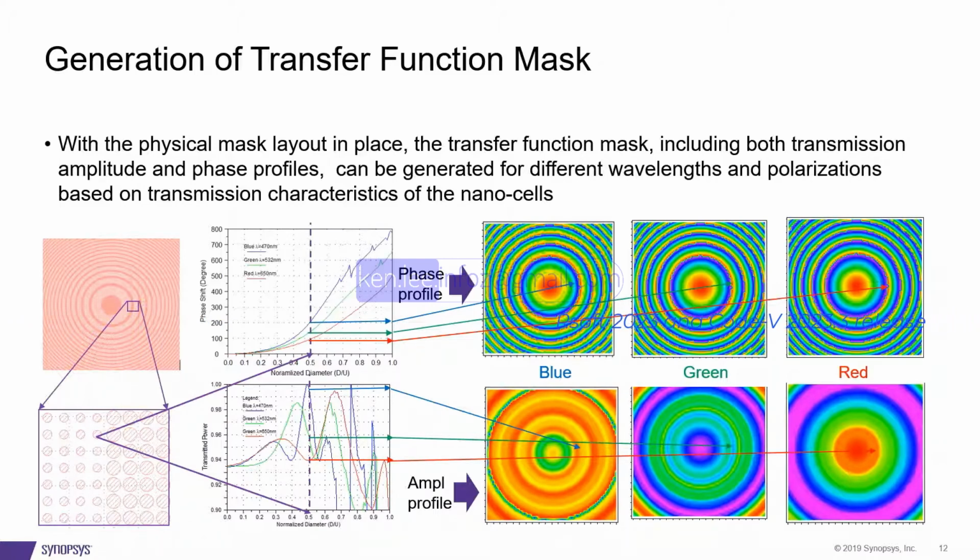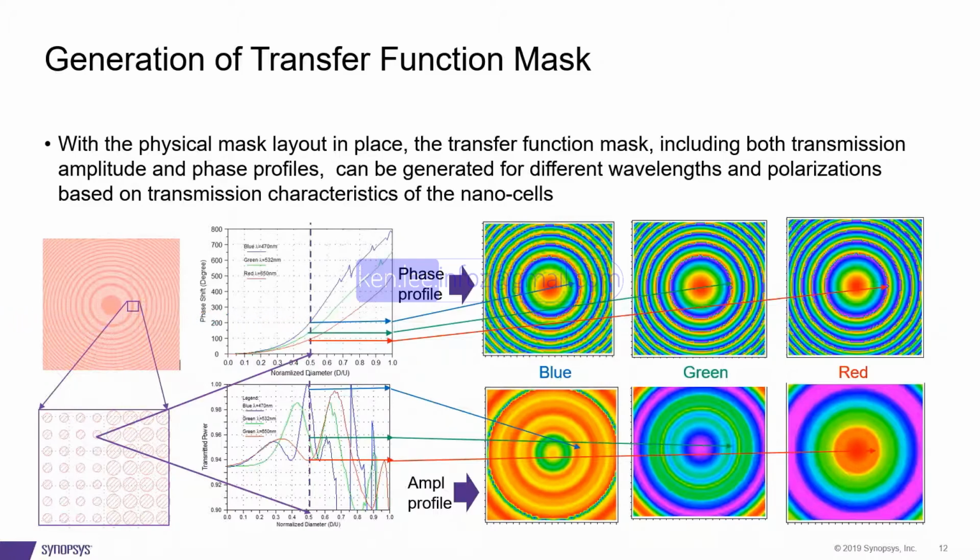Starting with the physical mask, for each nanocell we can find its corresponding phase shift for different wavelengths. Then we can create phase profiles for each of them. In the same way, we can find their corresponding transmission amplitudes for the different wavelengths to create different amplitude profiles.